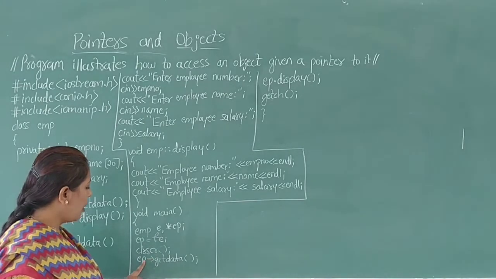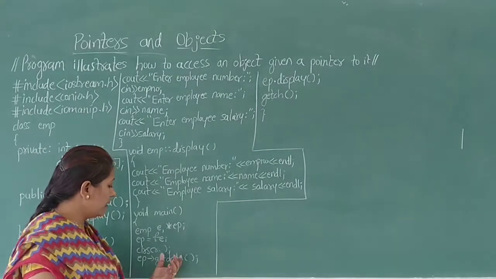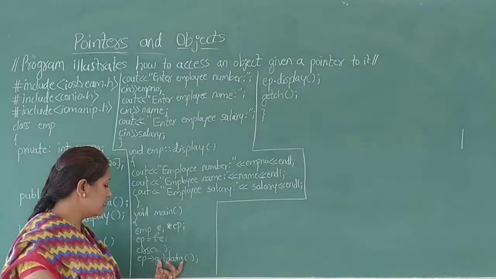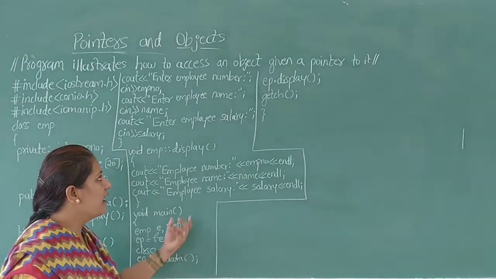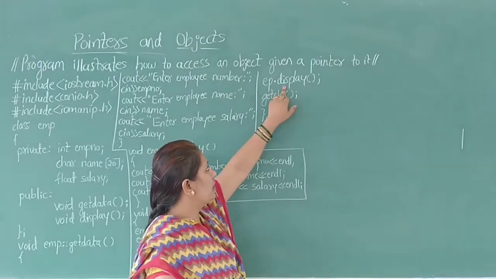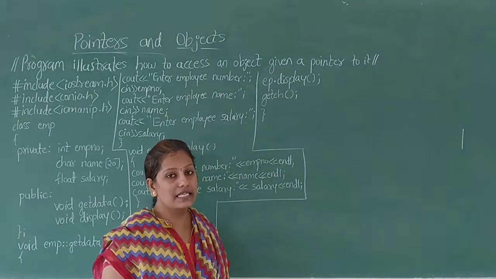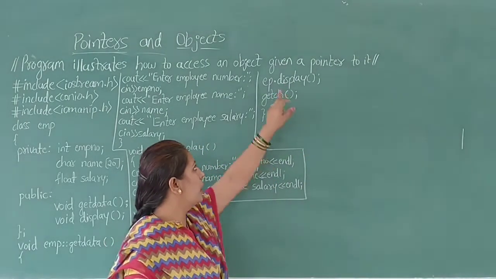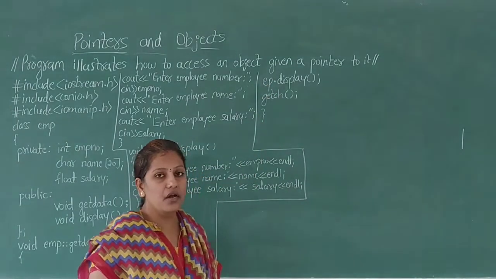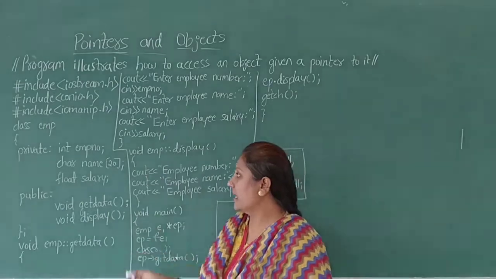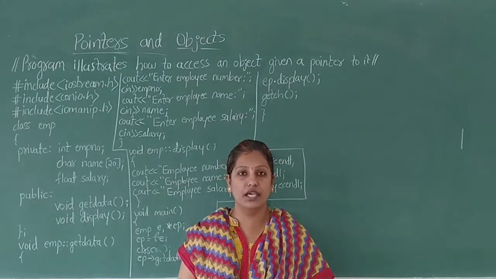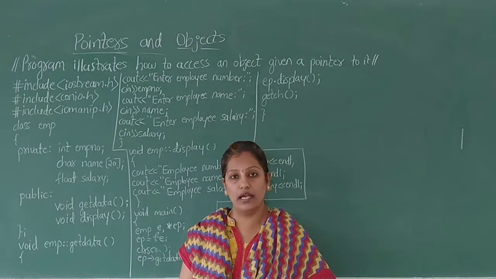Using the object pointer, we are accessing the values of members of the class emp using the member function get data, and we are displaying the values of members using the member function display with the dot operator and object operator. Let's start how the program executes one by one.